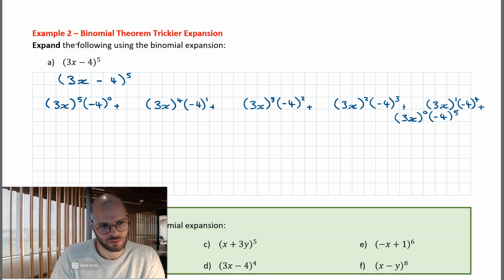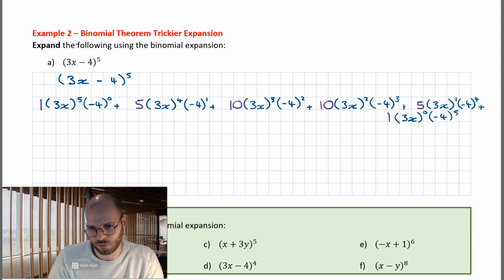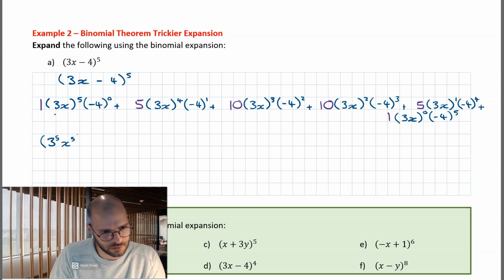Now I remember from before, the coefficients for the fifth order are 1, 5, 10, 10, 5, 1. Now all I need to do is deal with the powers and then do the multiplication. So the 1 can be ignored from over here. So this will become 3 to the 5, x to the 5, and then negative 4 to the 0 is just 1. Anything to the power of 0 is 1.